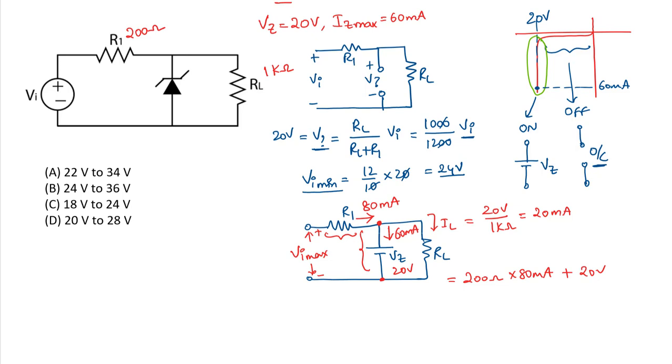This will be equal to the maximum input voltage which can keep the Zener diode within the range. So this is equal to 16 volts plus 20 volts, which is 36 volts. So we can say that the input voltage should be between 24 volts and 36 volts. So the answer is option B.